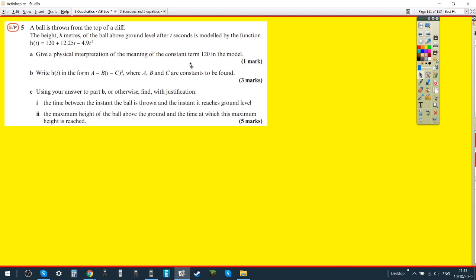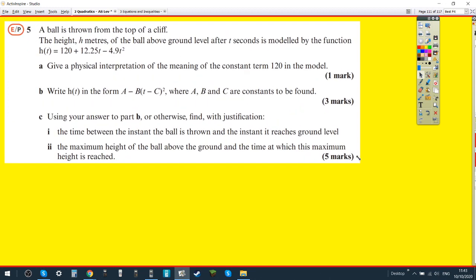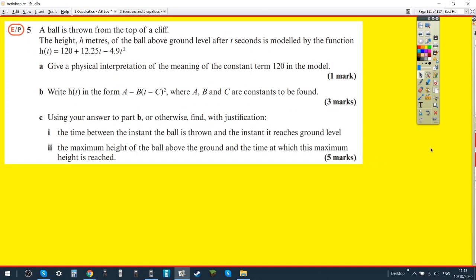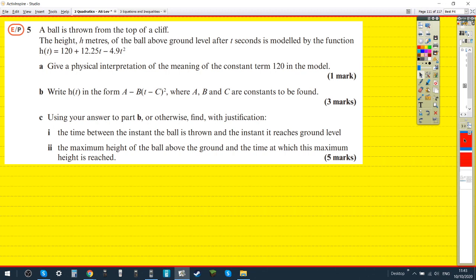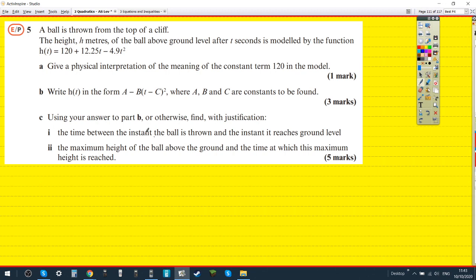All right, let's try this one. Is 120 the height of the ball of where it's at?